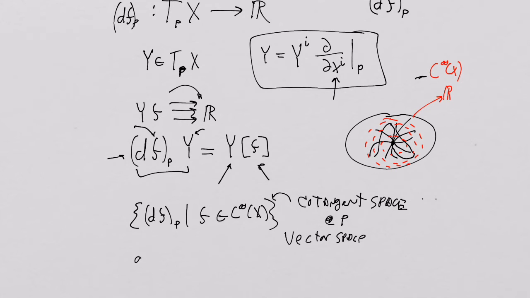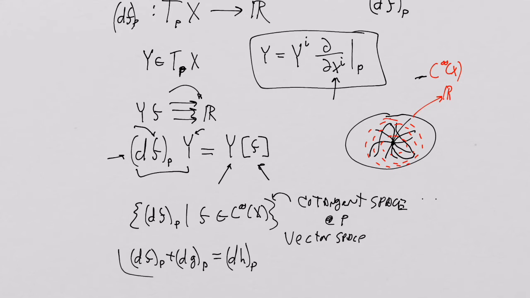That means that df at P plus dg at P, where g is another smooth function, there exists another function out there, h, say, that will always be the sum of those two.